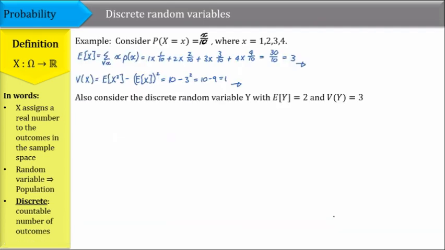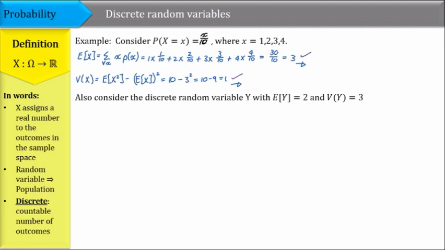Next, I want to look at the properties that I mentioned in the previous section, where we add and subtract random variables and then calculate their mean and their variance. So in this case, just a reminder that the mean of x is equal to 3 and the variance of x is equal to 1. This was calculated earlier.